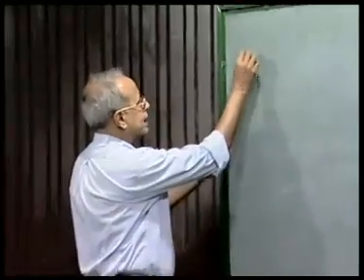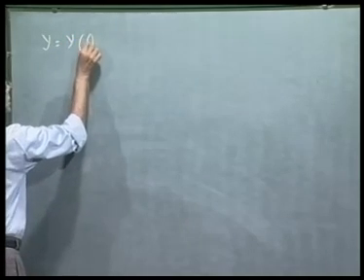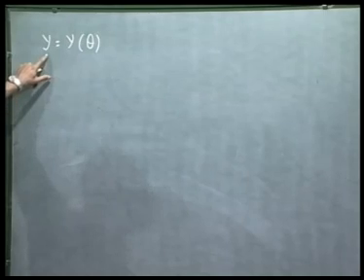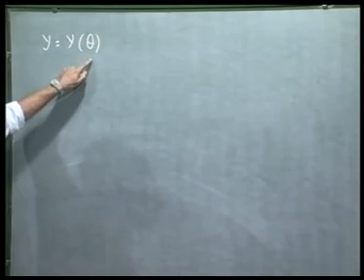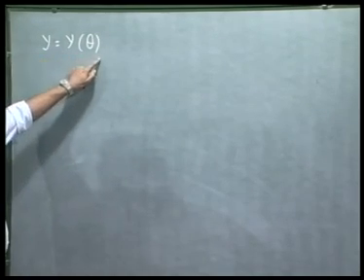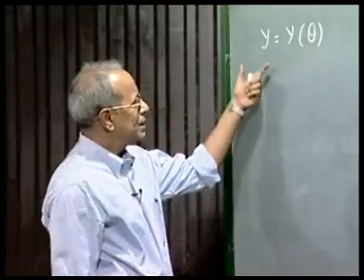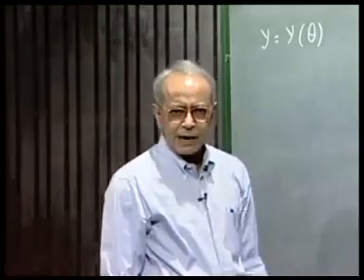It can be described as a function of the cam rotation theta, y, the displacement of the trace point as a function of theta. This is given to us, that is the desired motion.